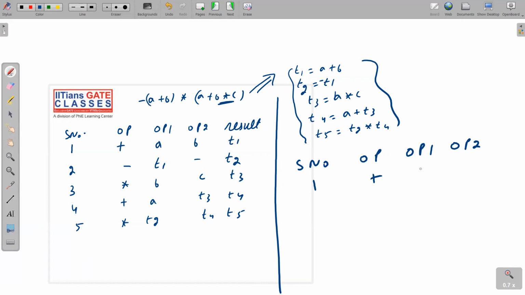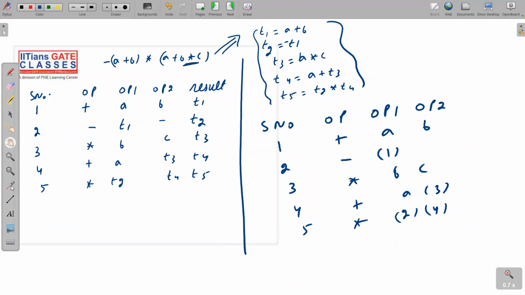Serial number 1 is plus A B, serial number 2 is minus 1, serial number 3 is star B C, serial number 4 is plus A 3 and serial number 5 is star 2 4. So you can imagine that this one is storing the result. For result, we had a temporary variable in quadruple, but in triple, this column is missing.